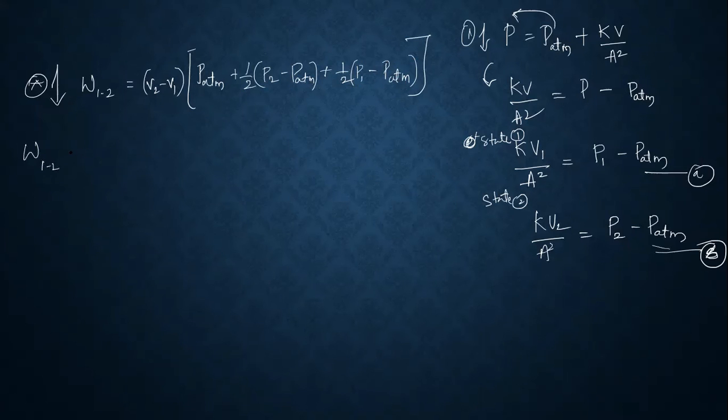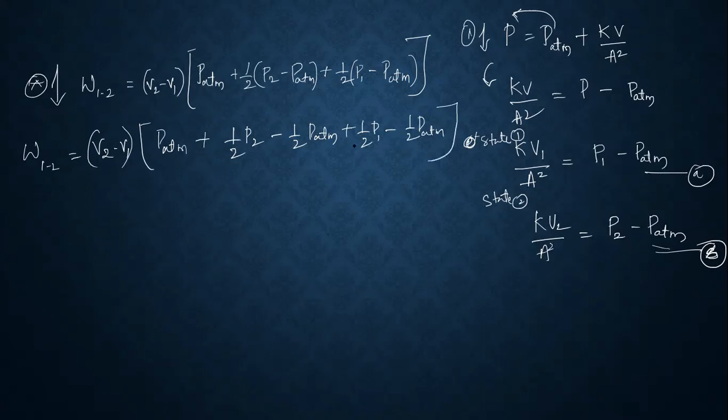Therefore, W1 to 2 is equal to V2 minus V1 into P atmosphere plus half P2 minus half P atmosphere plus half P1 minus half P atmosphere. The P atmosphere terms cancel, and you remain with W1 to 2 equal to V2 minus V1 into P2 plus P1 divided by 2.